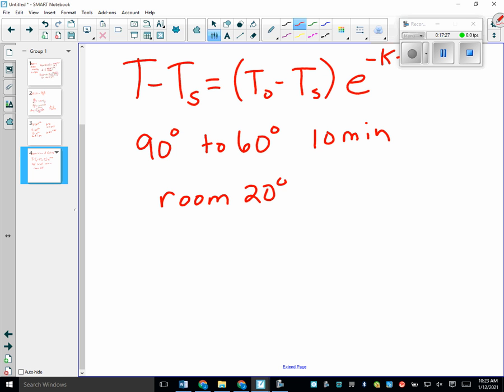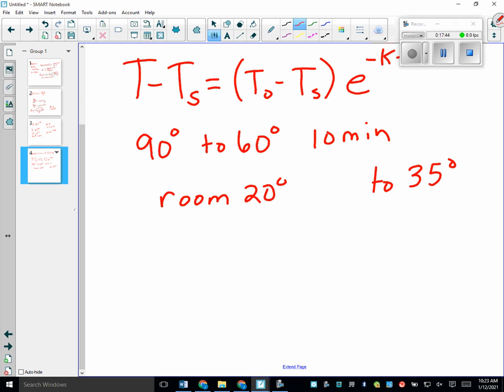How much longer would it take the soup to cool to 35 degrees? So I'm on K. I've got to find K, correct? I want to go to 35 degrees.